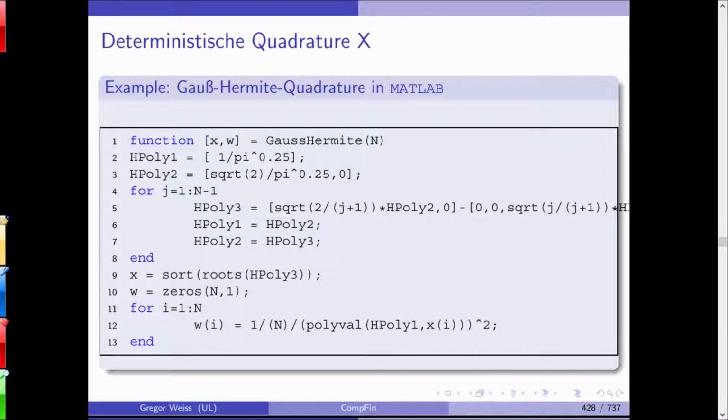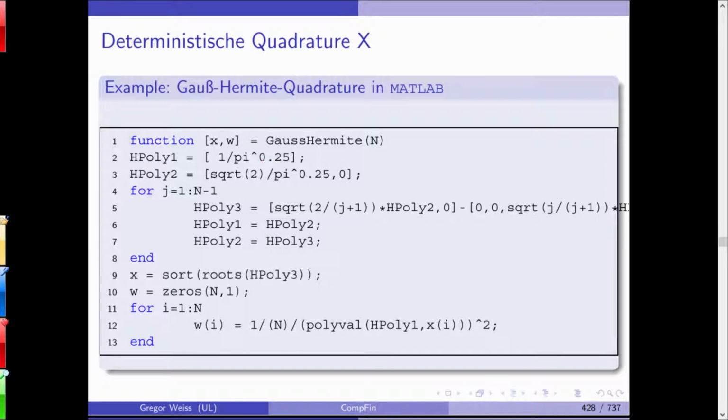And for j equal to 1 until n minus 1, H poly 3 is the recursion you've seen on the previous slide. And then, because we are moving one step ahead, we need to reset the two previous polynomials. This is why we set H poly 1 equal to H poly 2 and H poly 2 equal to H poly 3. This is just the recursion you've seen on the previous slide.